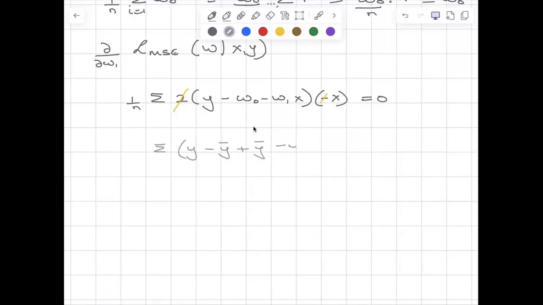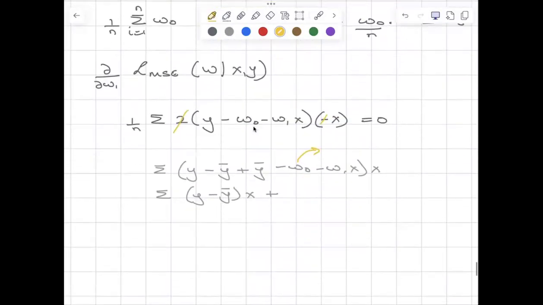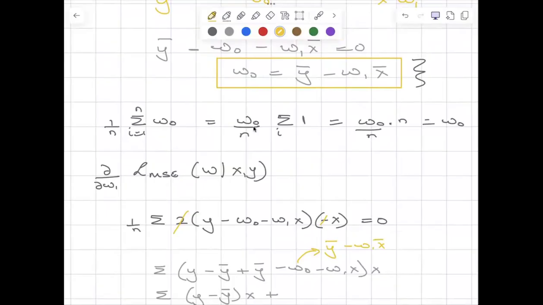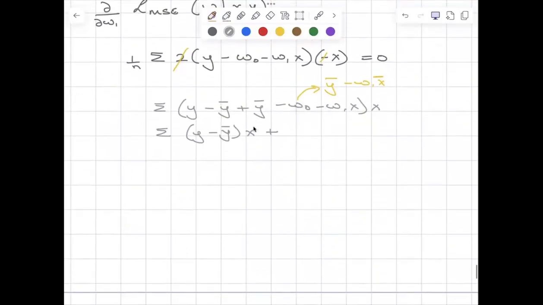Plus y bar minus W naught minus W1x into x. And then I can split this up. So summation y minus y bar into x plus, now W naught I can replace with y bar minus W1x bar. So now what I get is y bar minus y bar plus W1x bar minus W1x into x.